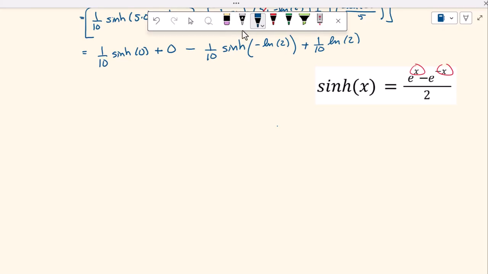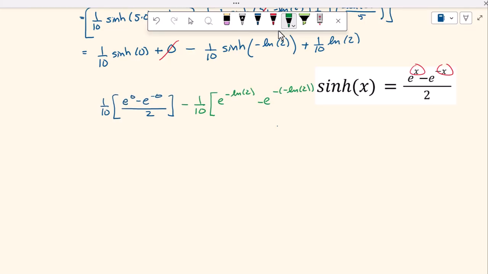So rewriting, I have 1/10, and then sinh of 0 is going to be e to the 0 minus e to the minus 0 over 2. Okay, the plus 0 we can throw out here and not worry about it. And then for this next one, I'm going to have minus 1/10. This is going to be e to the minus ln of 2 minus e to the minus a negative ln of 2 all over 2.